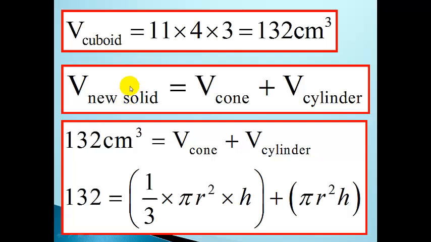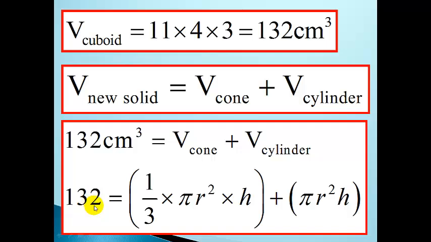It means that the volume of the cuboid will be equal to the volume of the new solid. That is 132 centimeters cube, equal to the volume of the cone plus the volume of the cylinder.